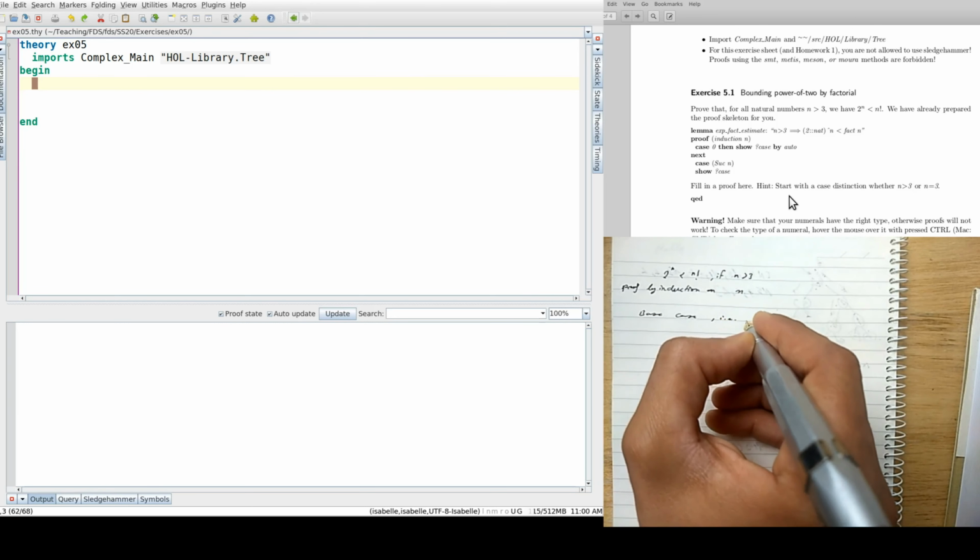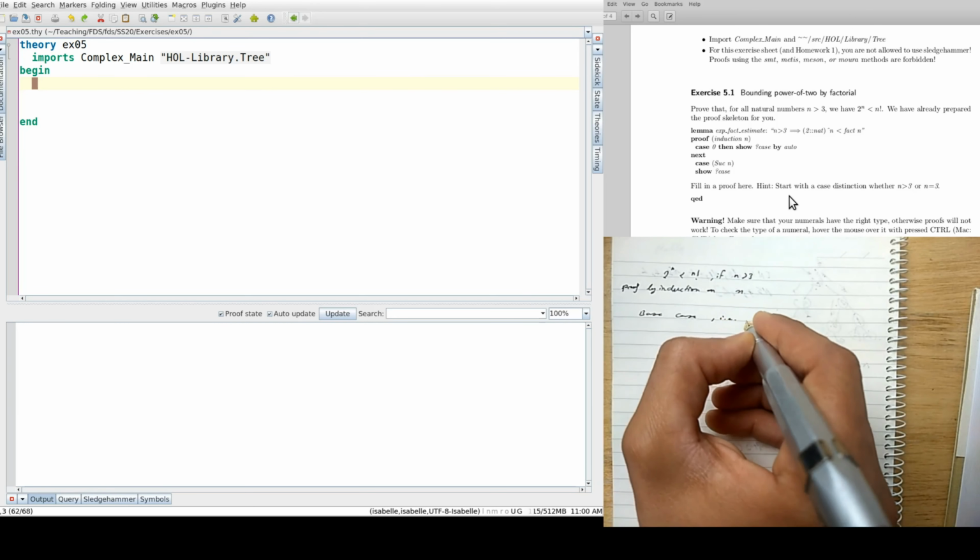So n greater than 3, 2 to the n. Okay, so that's the theorem statement. And then we do again by induction on n.